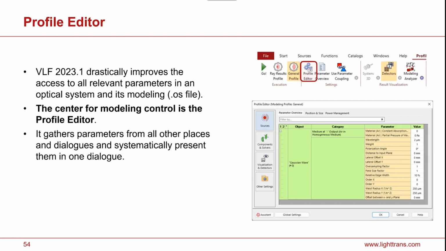But the profile editor gives a full overview about all the parameters you can handle, and there you can exactly control it. So that means this editor gathers all parameters, also the parameter overview you already know. So it gathers all parameters and gives you really a central place where you have access to all parameters in a very, very cool way.